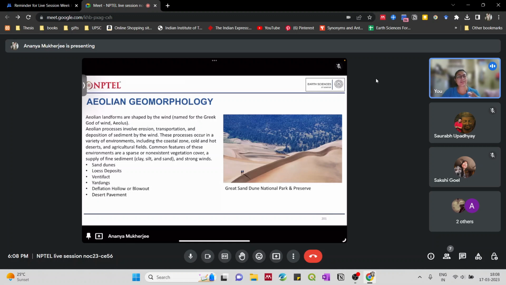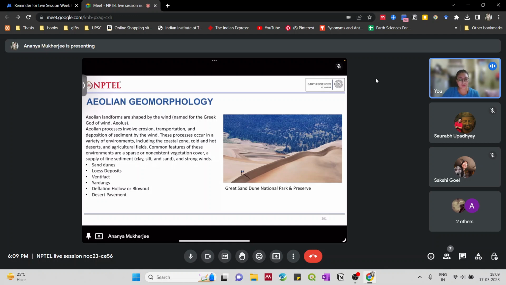Some examples of aeolian geomorphic features could be sand dunes, loess deposits, ventifacts, yardangs, deflation hollows, blowouts, desert pavement. We will see some of these in the coming slides, how they are formed and which aeolian geomorphic process forms such landforms.